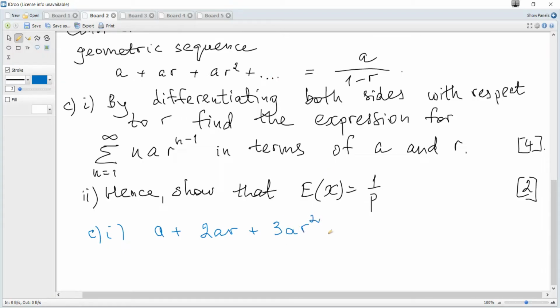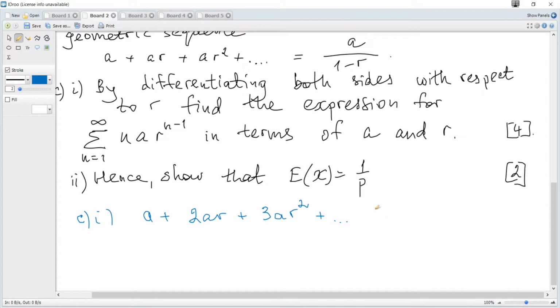3ar squared, and plus so on up to infinity, and it is equal to what? Derivative of this, and a, it's a constant, and 1 minus r, it's to the power of negative 1, and we should apply what? Chain rule, something to a power.